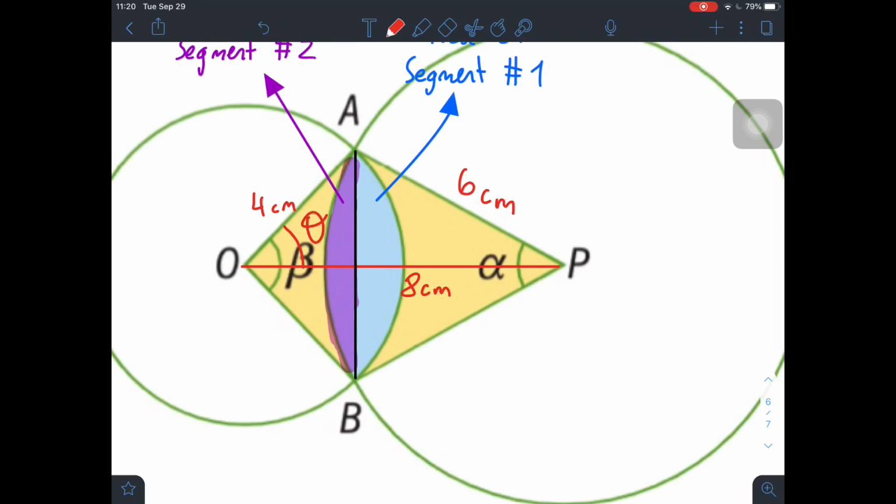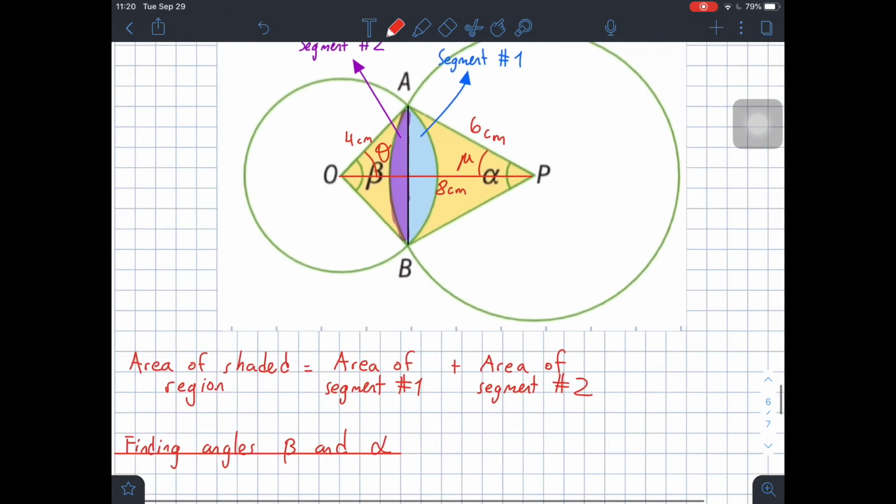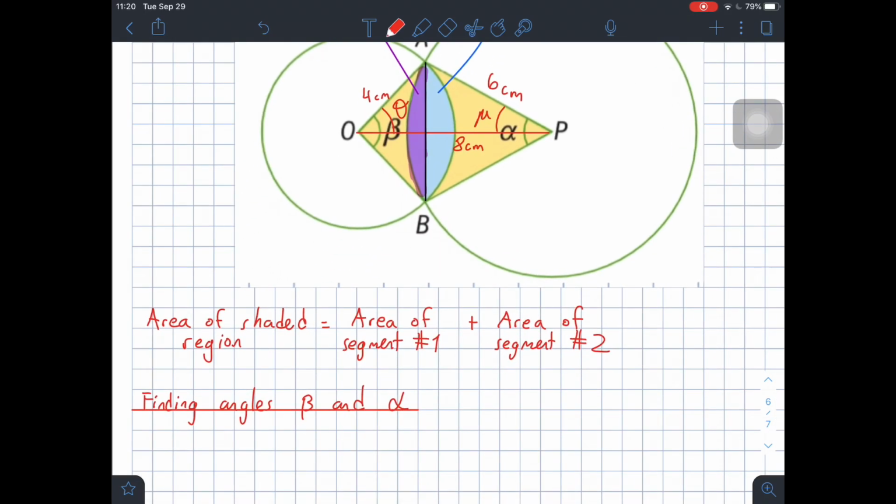So once I have theta, I can multiply that by 2, and I will have the complete angle, which would be angle beta, okay? So then I will have angle beta, and I can do the same thing. I can find this angle here, which I can call, for example, mu, and then multiply that angle by 2 in order to get the complete angle, which would be alpha. And then I would have all of the angles I need to solve the problem.